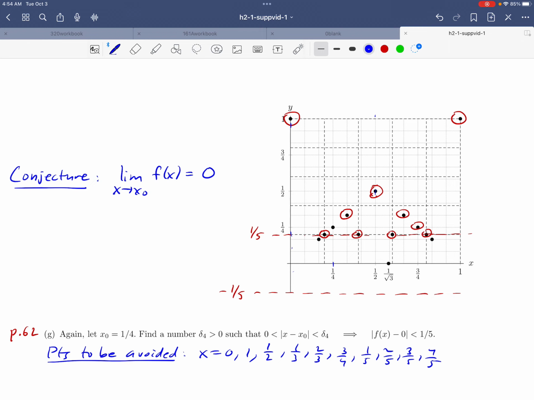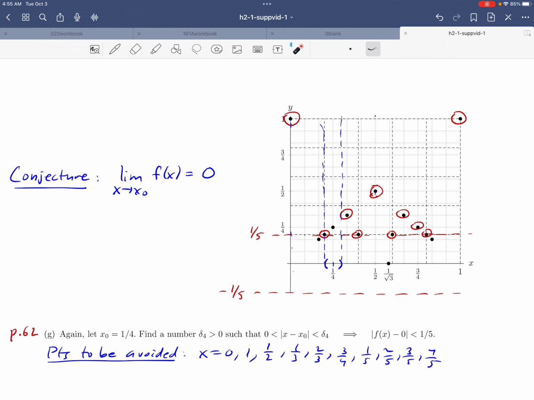And in fact, I claim we'd have to make it really small, maybe like that on our picture. I'm going to go ahead and draw in the blue lines here. Notice that if we make delta that small, then that problem point that's sitting right here is right on the line, which doesn't count. It's not in the delta neighborhood between those two blue dotted lines. And so this delta, whatever it is, should be small enough.